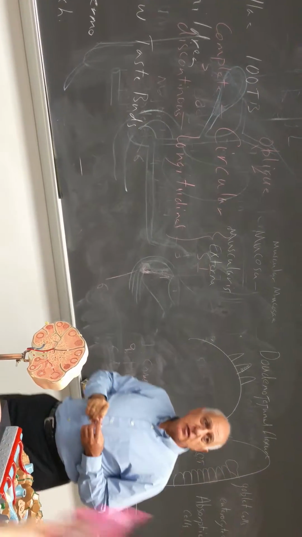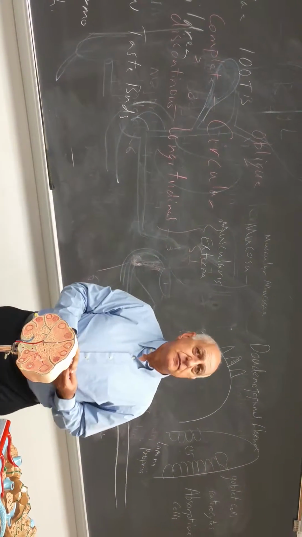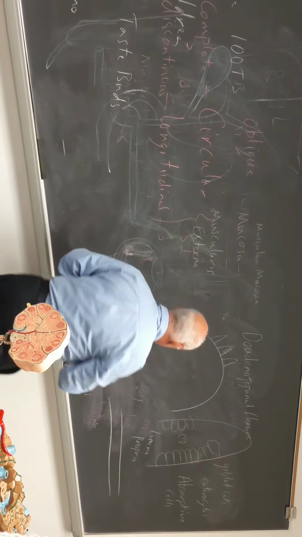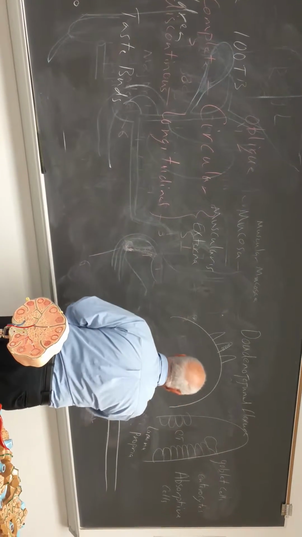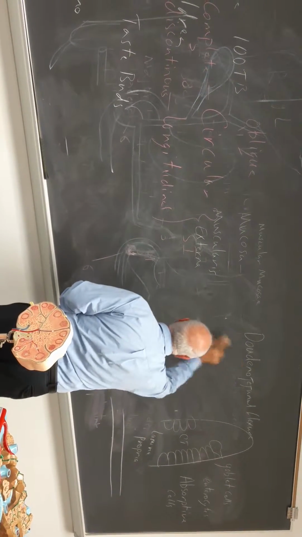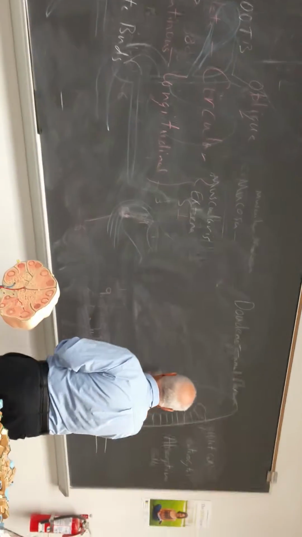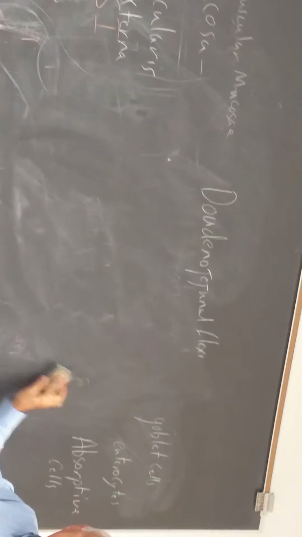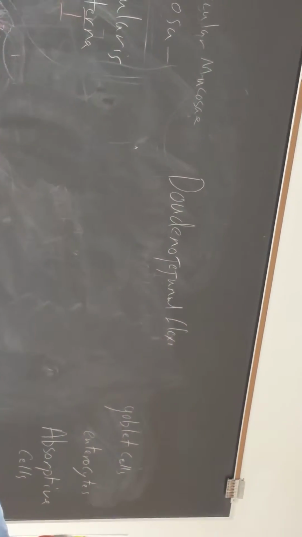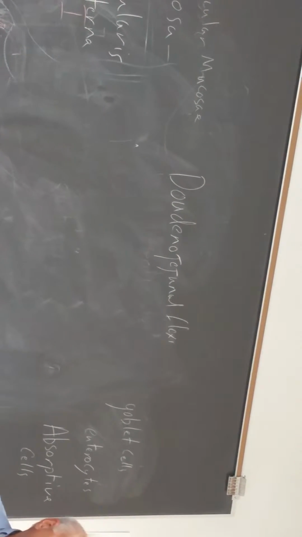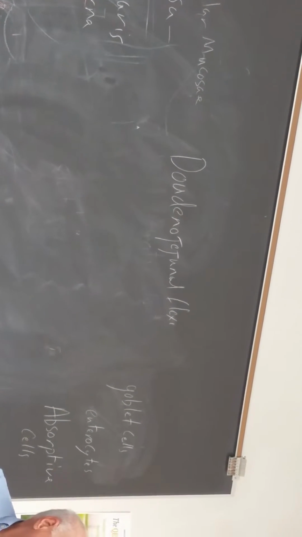So sometimes you don't know the name, you can make it, or explain it, please. Explain it if you don't memorize it, like you forgot it in the test. At least I will give you maybe half of the grade if you explain that this is a flexure between duodenum and jejunum.